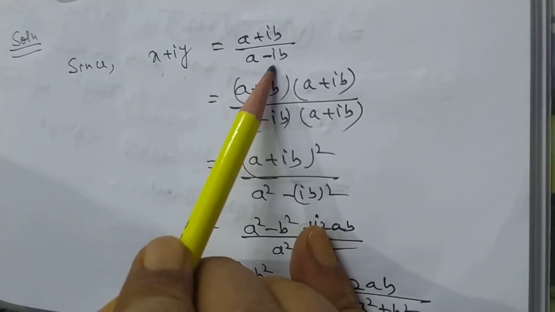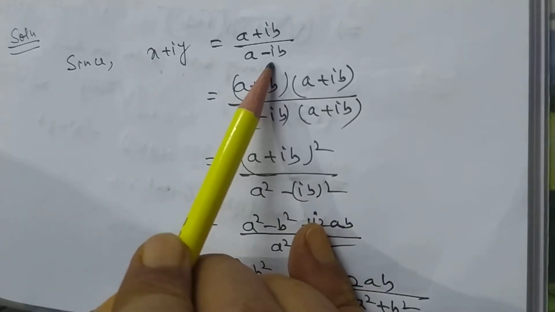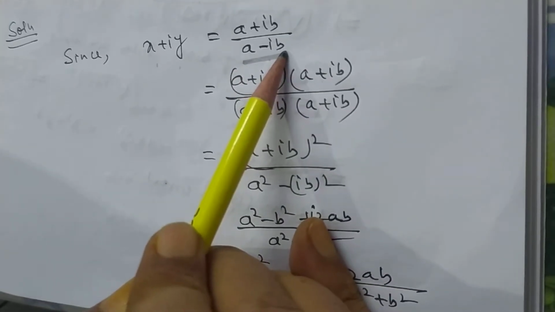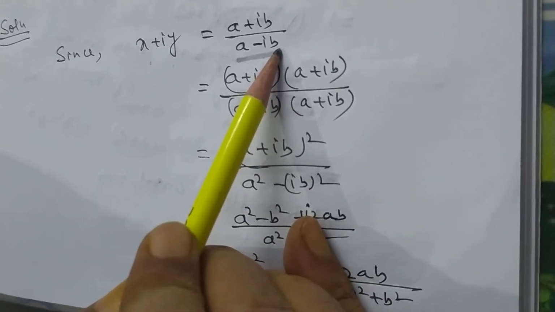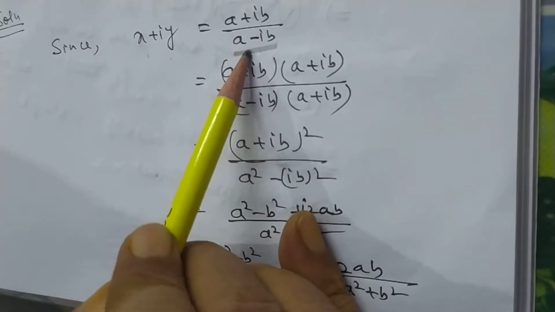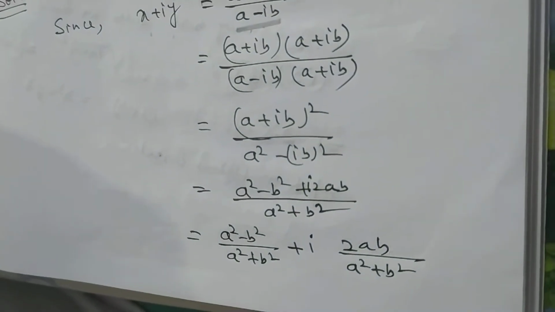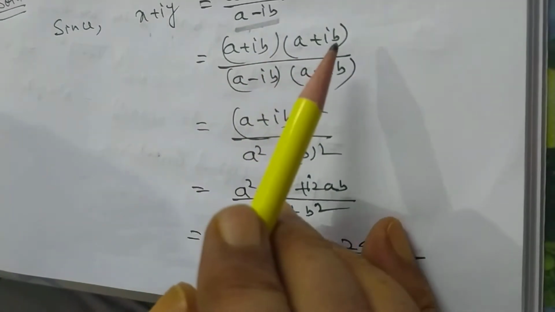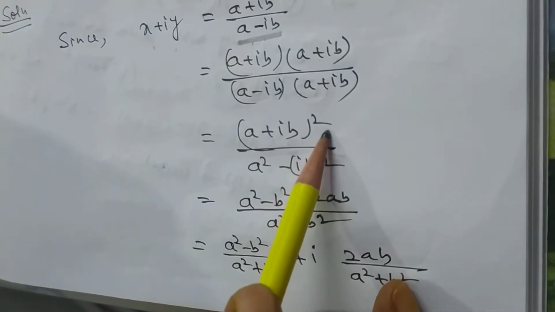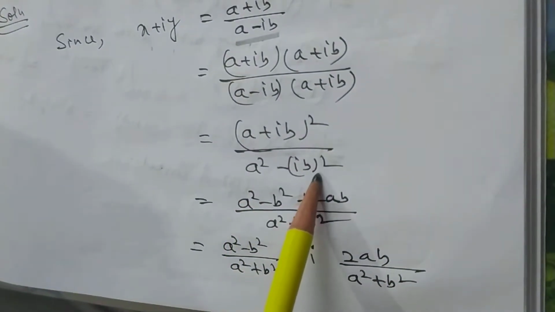We want to make a complex number of the form a plus ib. For this purpose, we multiply by the conjugate of the denominator. Here the denominator is a minus ib, so we multiply the numerator and denominator by a plus ib divided by a plus ib. It will be a plus ib whole squared over a squared minus i squared b squared.